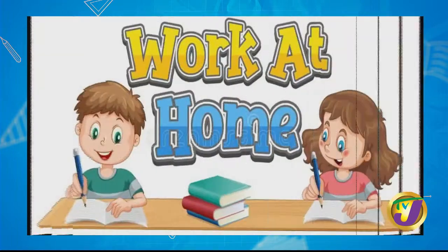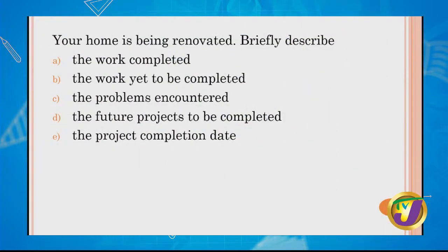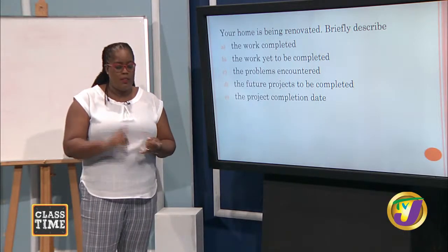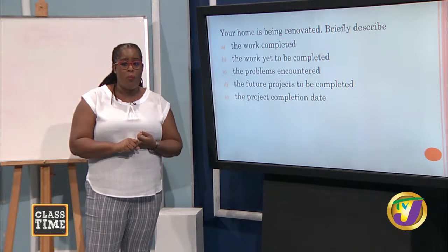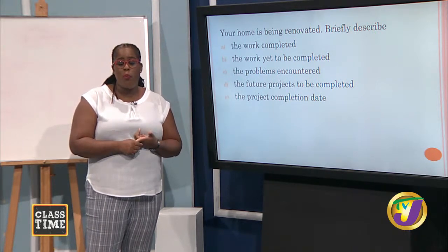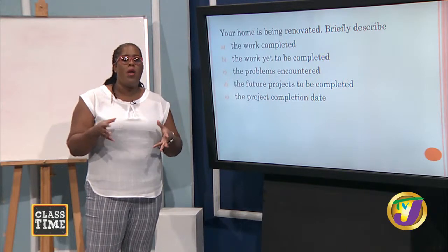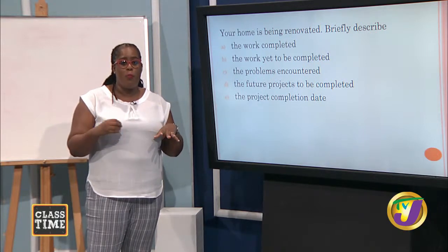All right, so we're going to be working at home now. Bearing in mind all of the things that we have learned so far about the progress report, what you need to include, the importance of the progress report, and what types of progress reports you can create, you are going to be required to construct your own progress report.